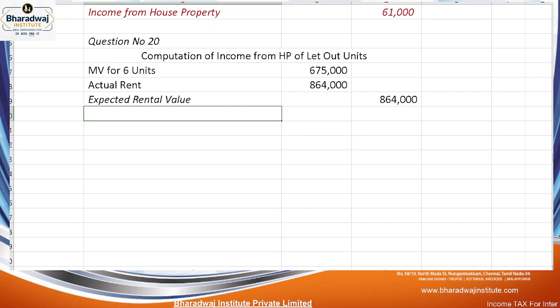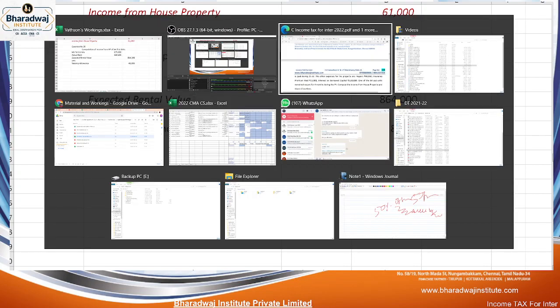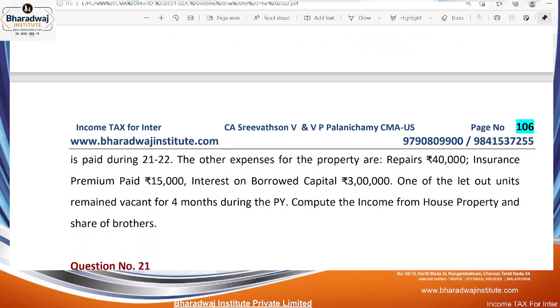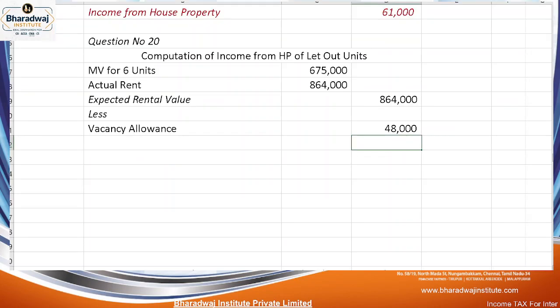How many months is it vacant? 4 months. 12,000 into 4, 48,000. This will give us gross annual value.